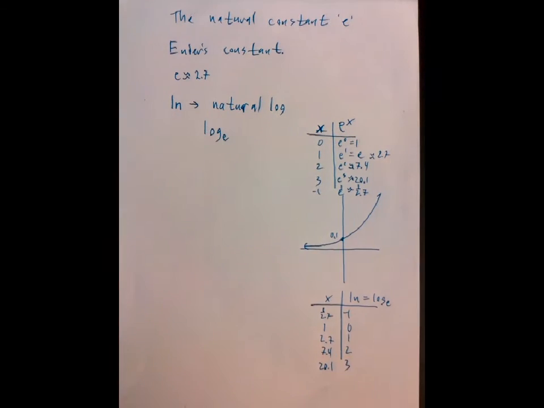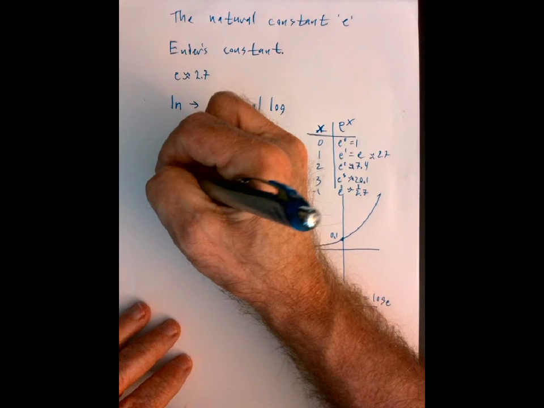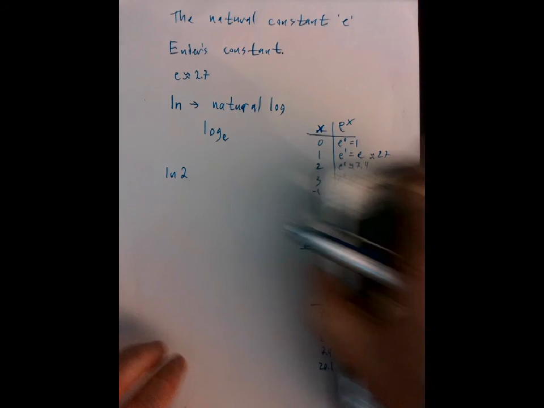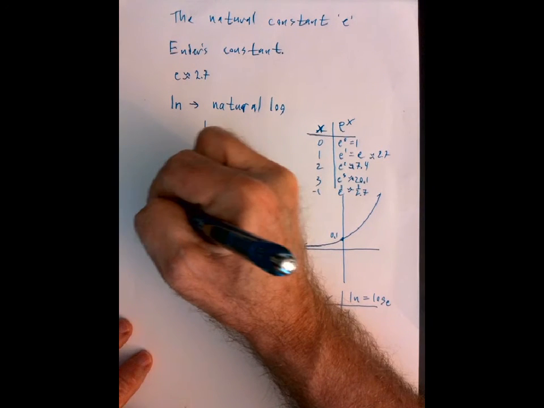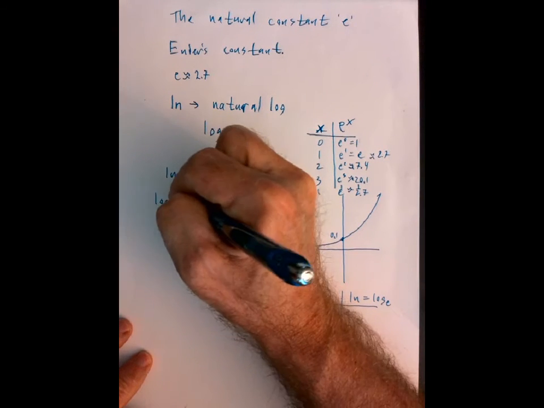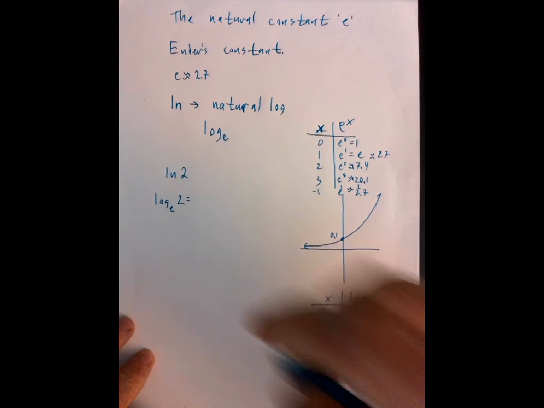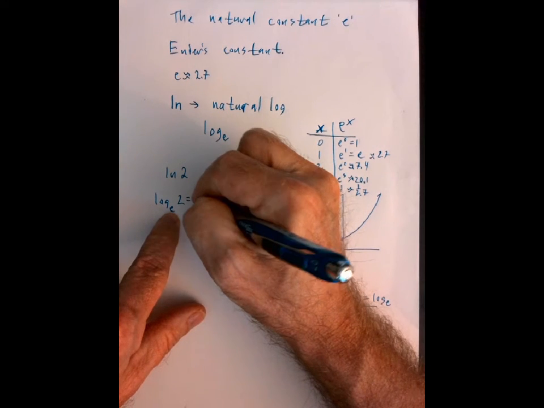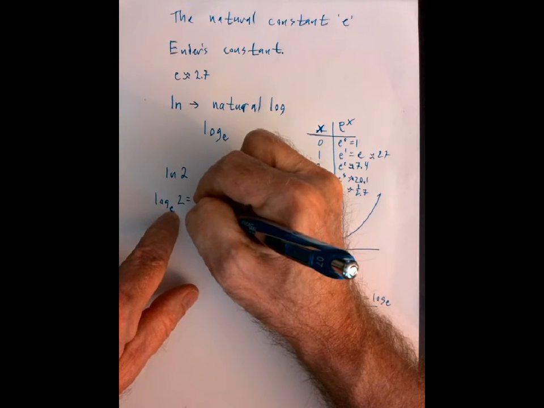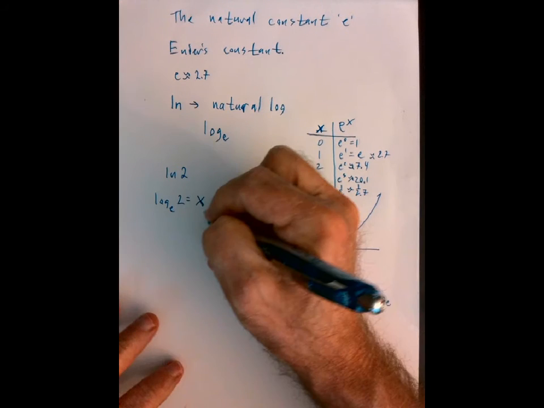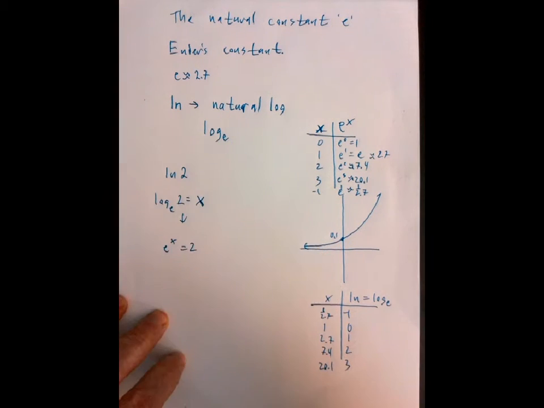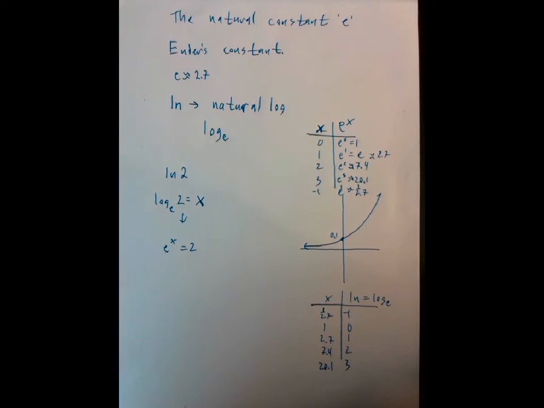We can evaluate it on our calculator. For example, what would ln 2 be? Remember that means log base e of 2, which is equal to some number x. We don't know what it is. Changed into an exponent, that would be e to the x is equal to 2. Because it's on our calculator, we can go ahead and evaluate it.